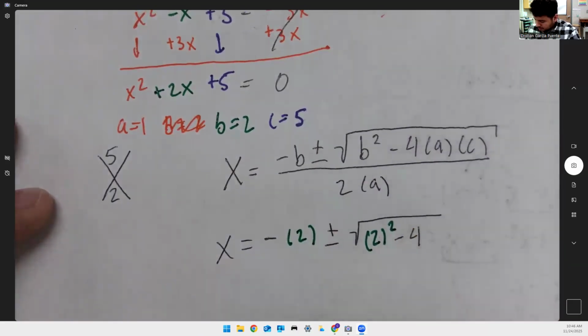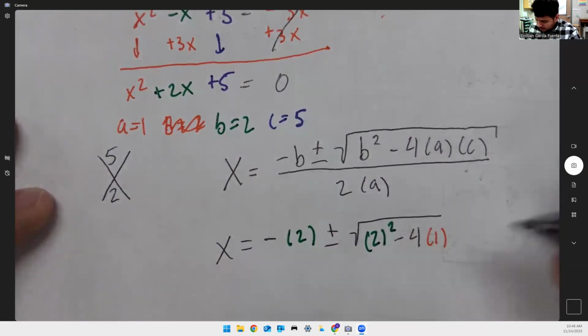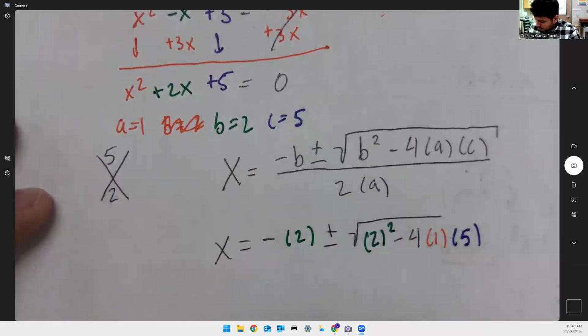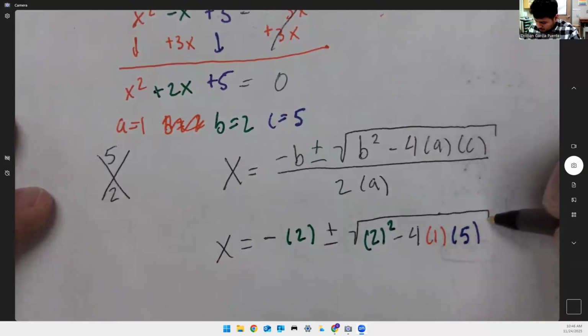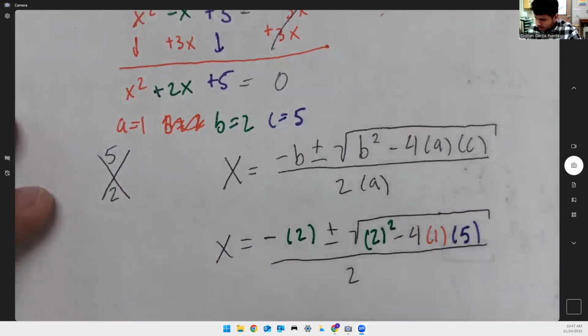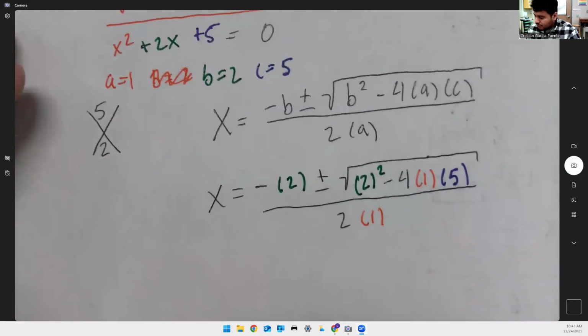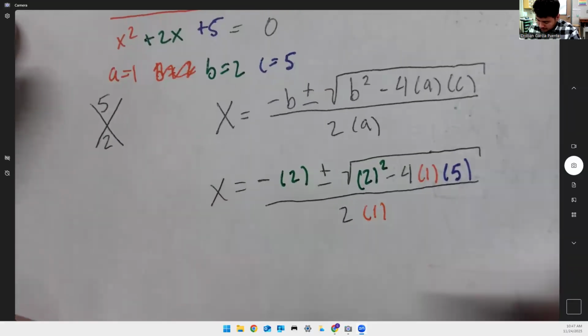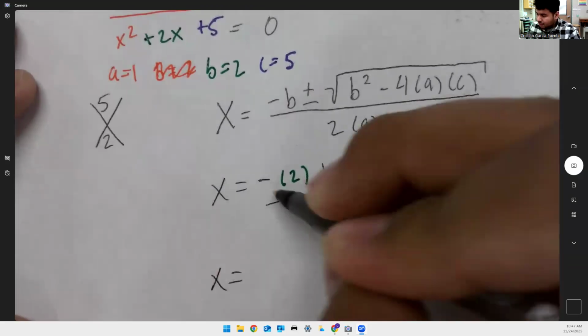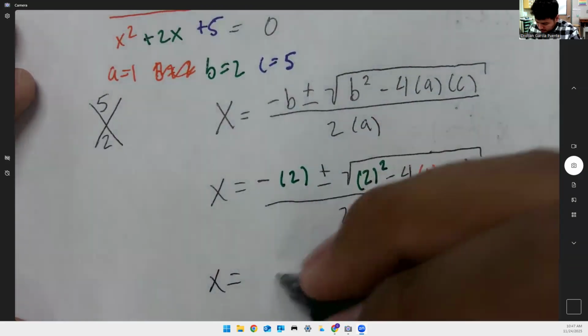So 4, A is 1, C is 5. All over 2A, which is 1. And now you just solve. So x is equal to, what's negative times a negative 2? That's just going to be a negative 2.